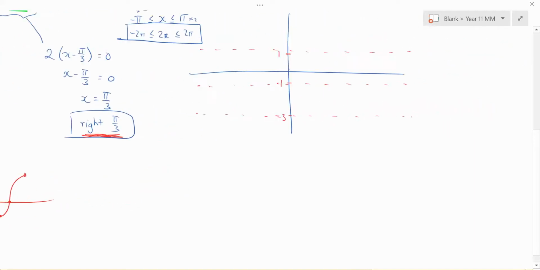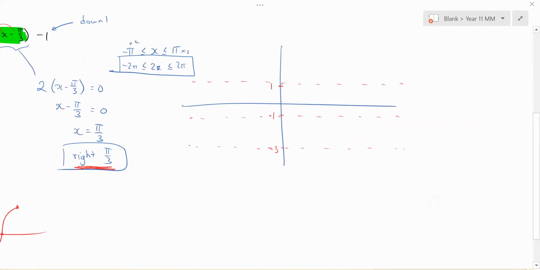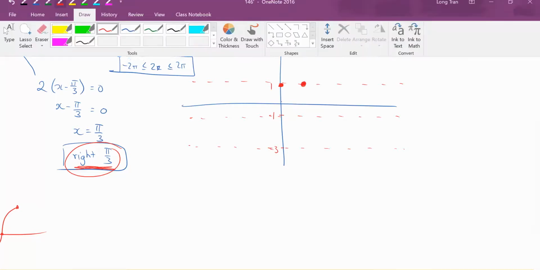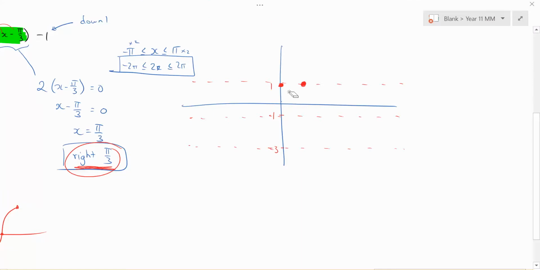Okay, so that means my first point, which used to be at 1, it should have been here, it's actually now moved to the right by pi on 3. Okay, so it's moved to the right, and I'm just going to make it up, and I'm going to say pi on 3 is here. Okay, I'm going to just rub that corner off. Yeah, there we go.